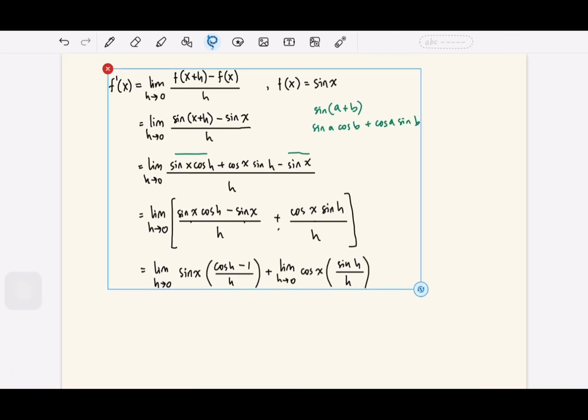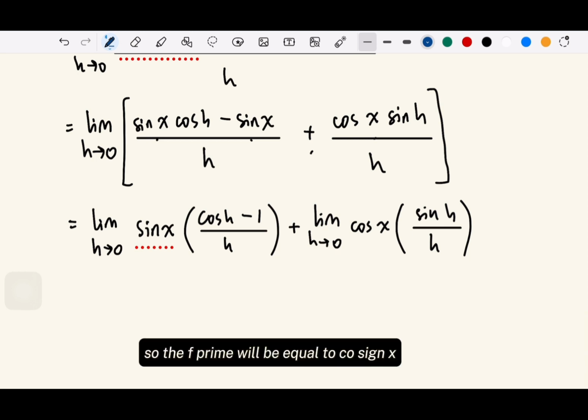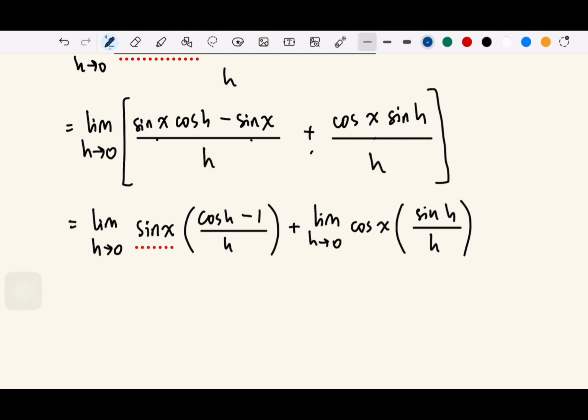Okay, now we can deal with this. Now with our previous conclusions, the limit for sine h over h will become 1, and for this one will be 0. So the f prime will be equal to cosine x.